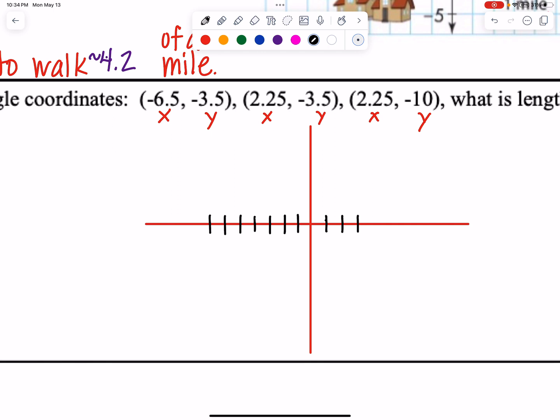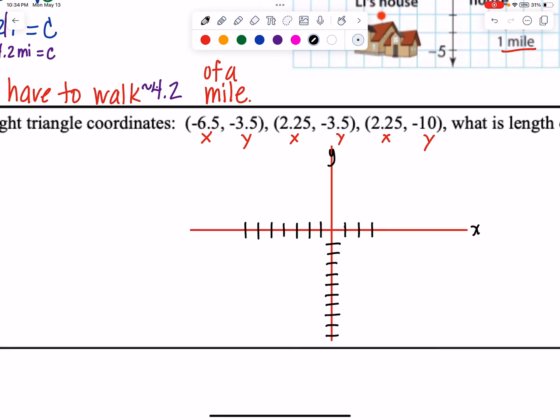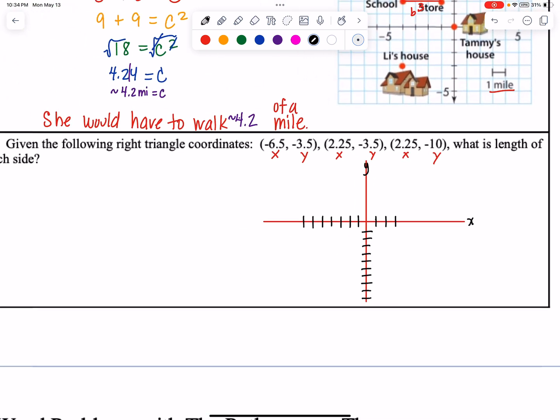If we look at our y's, we go down all the way to negative 10, so I'm going to go 1, 2, 3, 4, 5, 6, 7, 8, 9, 10. I'm just doing a little sketch here. Here's my x, here's my y, so that I can plot these points and see what's going on.